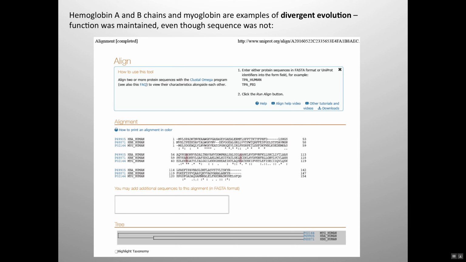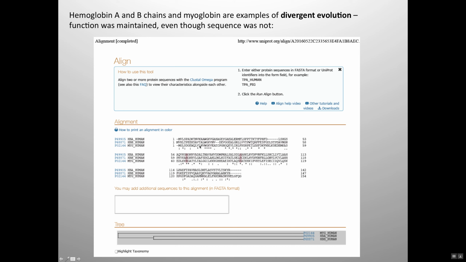Now, interestingly, the hemoglobin A and B chains are examples of divergent evolution. So their function was maintained even though the sequence was not. So remember, I showed you these histidine residues. So here's an alignment of hemoglobin A, hemoglobin B, and myoglobin.